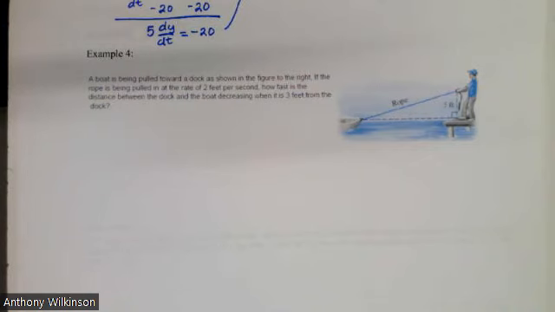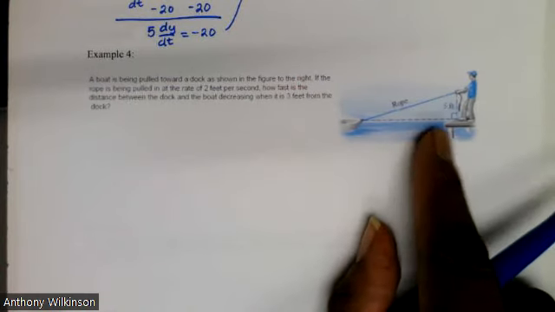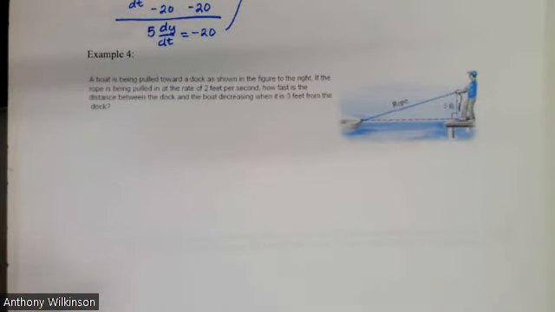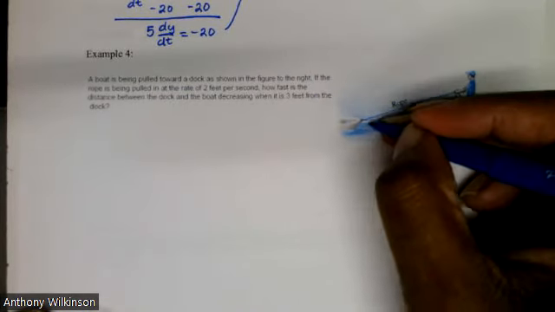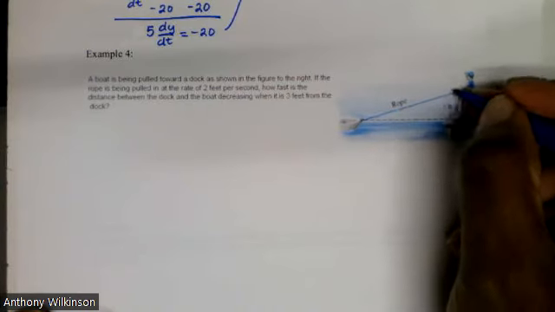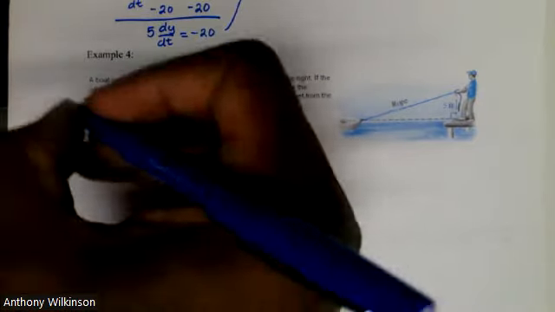All right, now let's take a look at this problem and how this is illustrated in this picture. Notice we have a right triangle. So that means we're going to need to use something called the Pythagorean theorem.